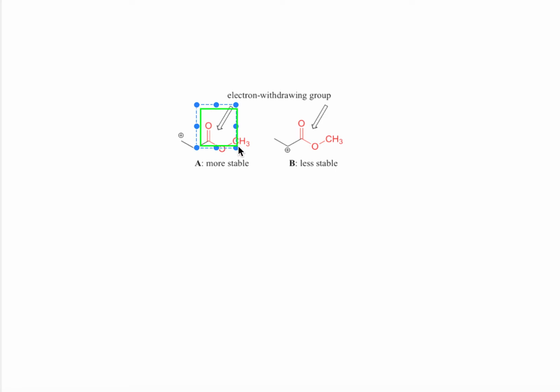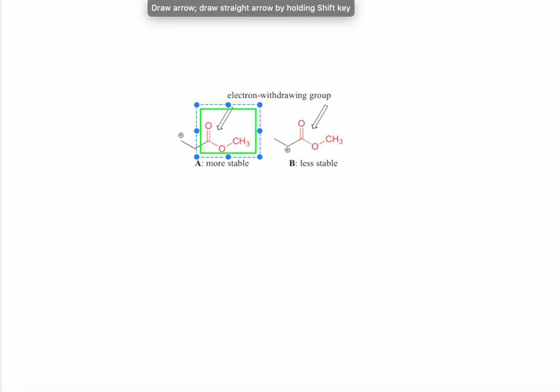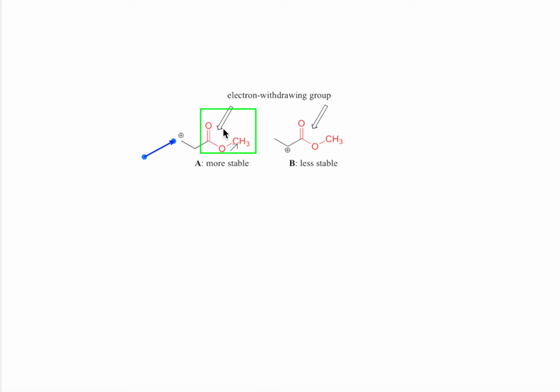You see, this is the carbonyl group with the attached ester functionality, which has no influence on the primary carbocation. It means the primary carbocation is independent of the neighboring ester functionality, which is electron withdrawing in nature.